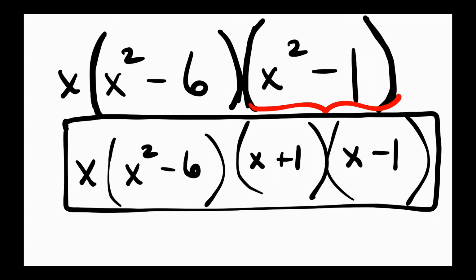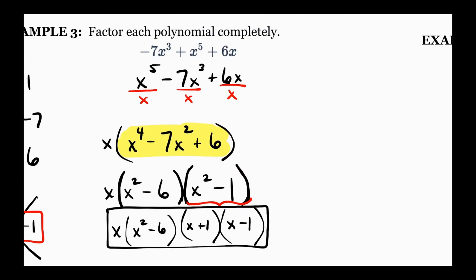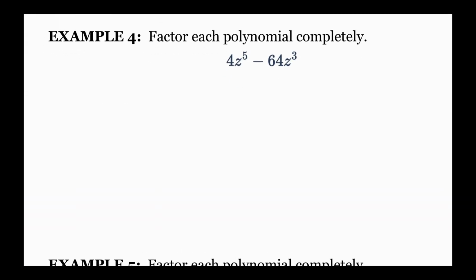Alrighty. Okay, so now let's take a look at number 4. Okay, we're good on time. Number 4. Binomial or trinomial? 2 terms, binomial.